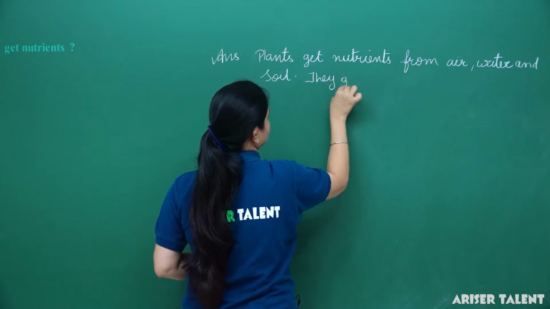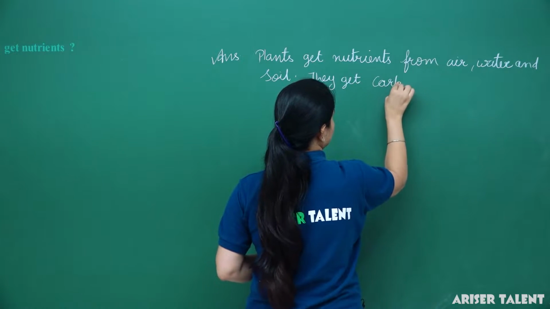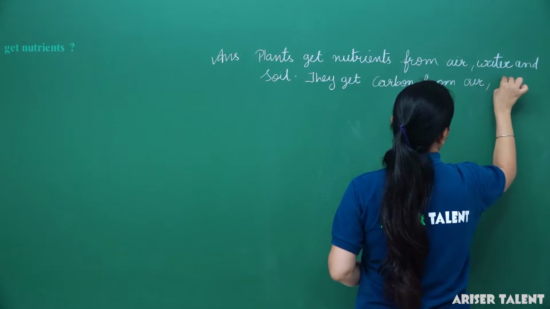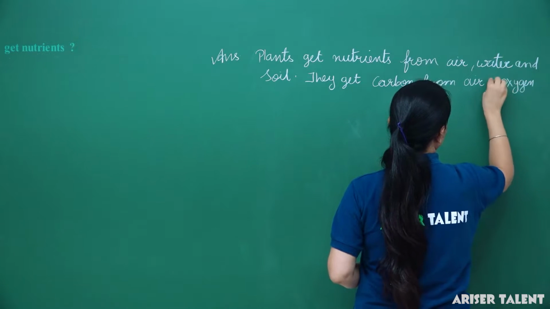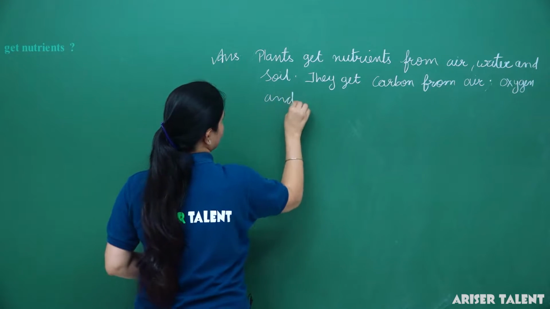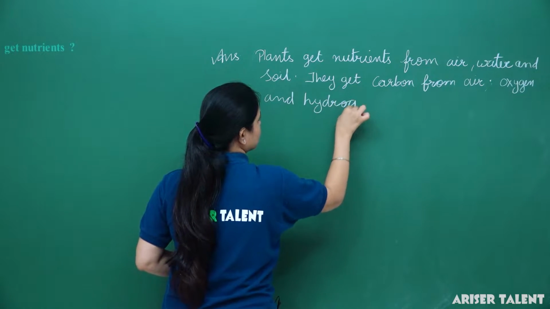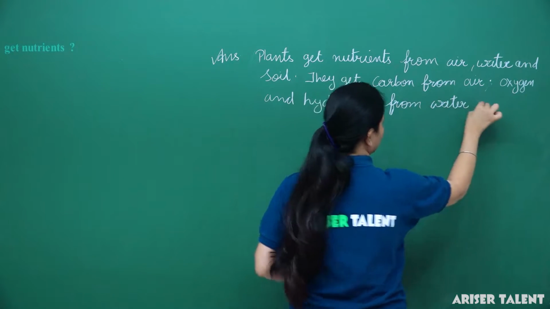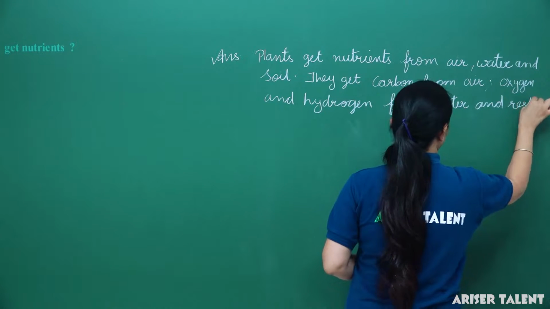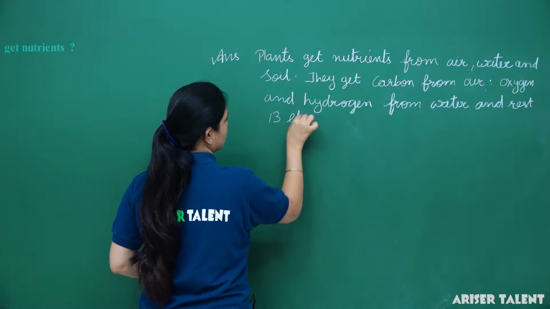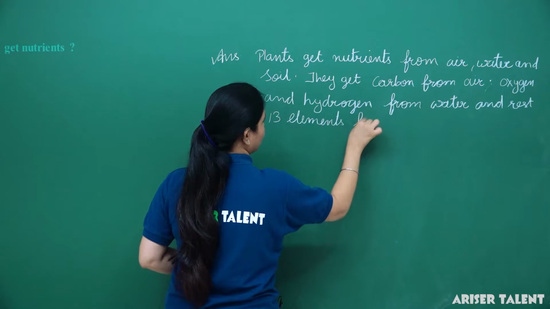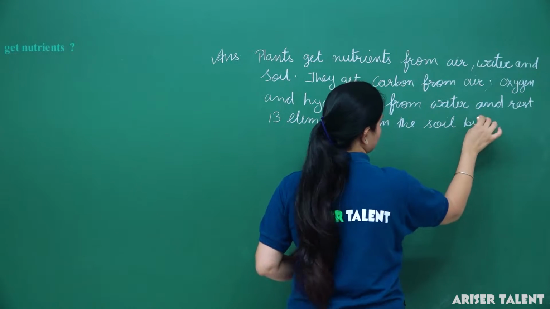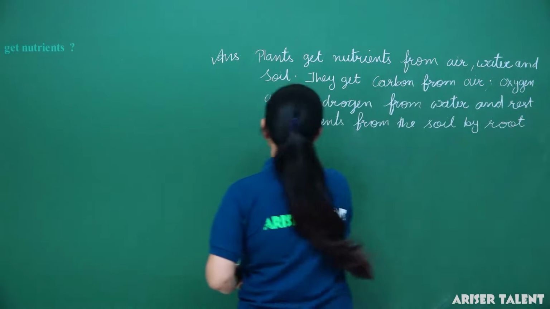They get carbon from air, oxygen and hydrogen from water, and the rest 13 elements from the soil by root absorption.